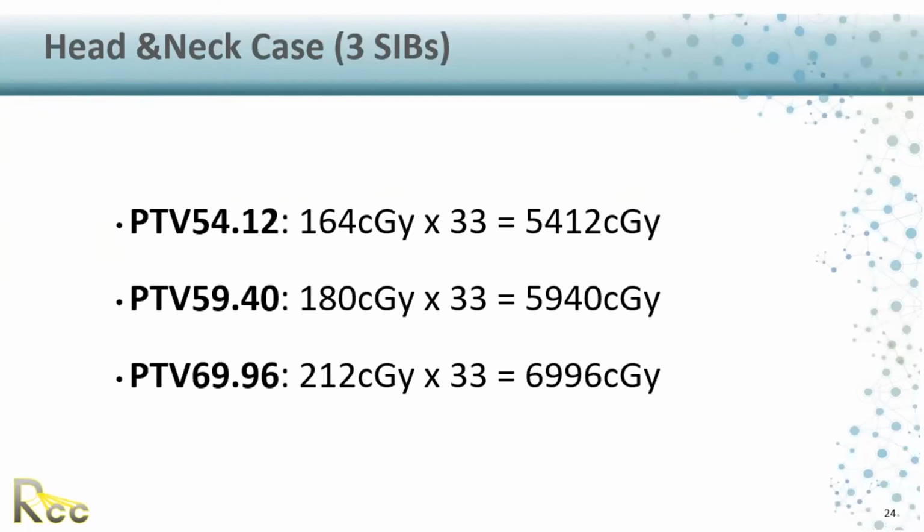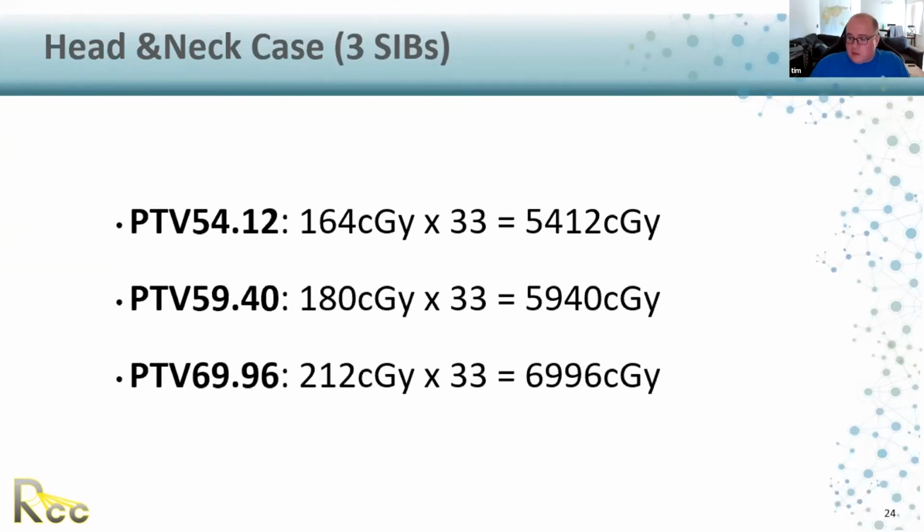I used the 10FFF because the delivery was very fast. Within a couple of minutes, the patient finished the treatment, with excellent coverage and very homogeneous, without any issues. So usually with SRS and SBRT, we prefer to use the high dose rate to minimize the treatment time on the patient, on the couch itself.